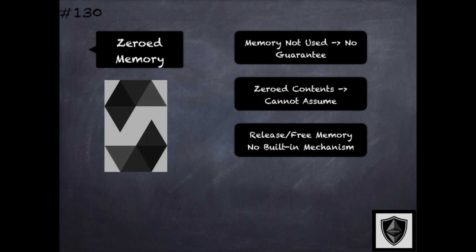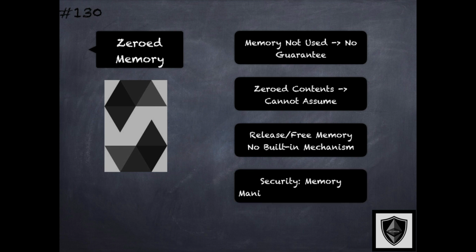The reason for this is there is no built-in mechanism to automatically release or free allocated memory in Solidity. And this, as you can imagine, has a security impact, because if one is using memory allocated objects, and those are not guaranteed to be zeroed memory, then the default values may not be zeros.